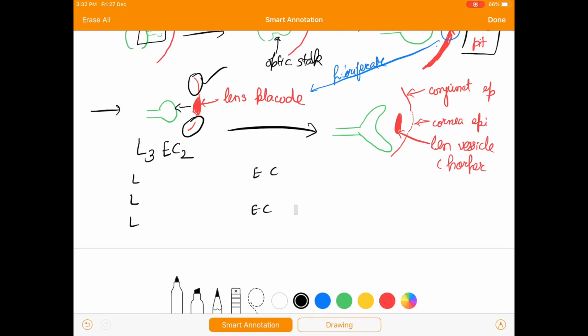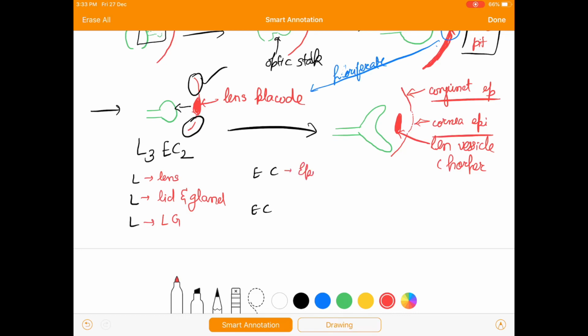So what are the structures from L? Those are the main lens, right? Then we get lids and glands of the eye. Then we have lacrimal gland. Then we have the epithelium of cornea and conjunctiva.